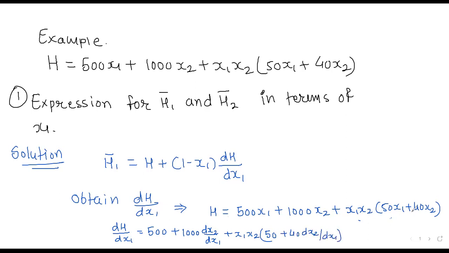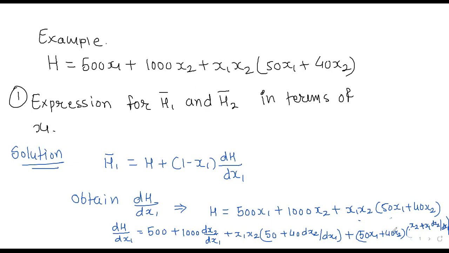Now this one will be constant, plus the differentiation of x1 multiplied by x2, by the multiplication rule. The differentiation of the first is 1, so only x2, plus x1 will be constant and dx2 divided by dx1. Okay, so this is the differentiation dH divided by dx1.